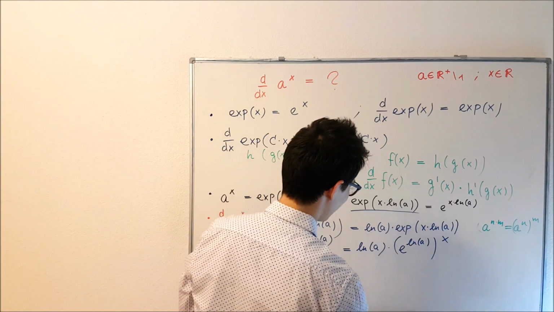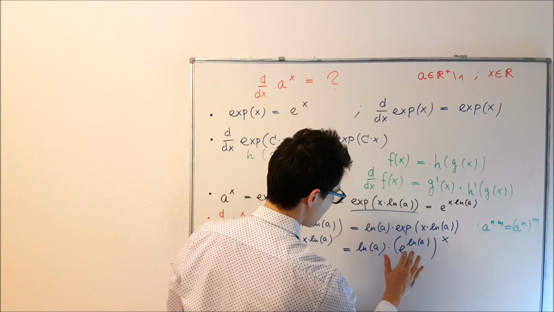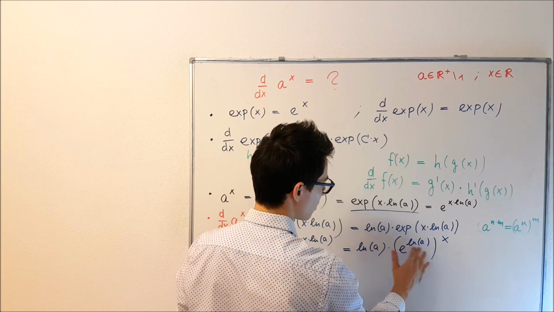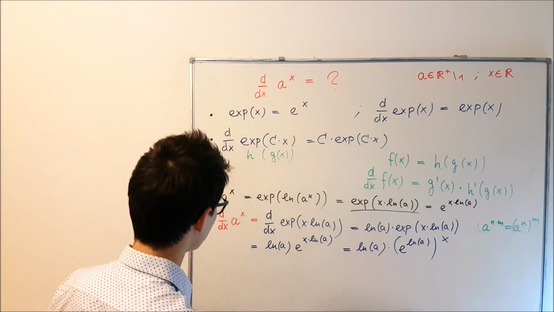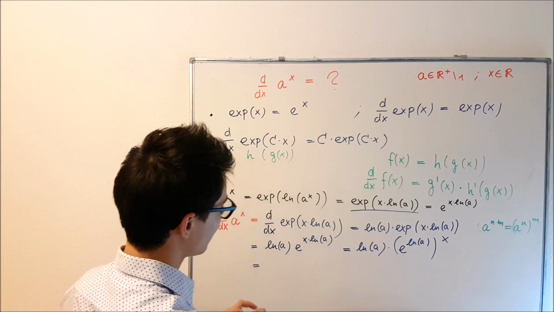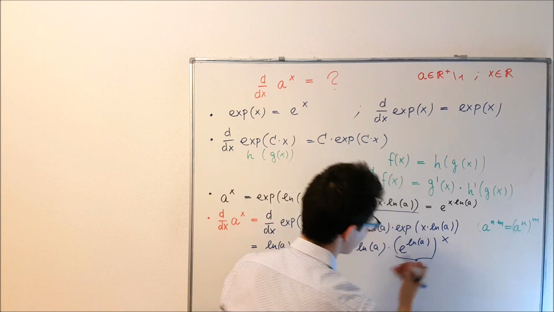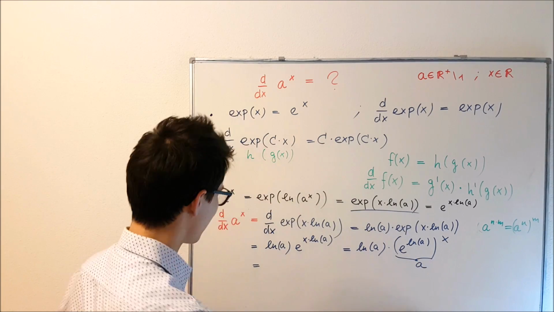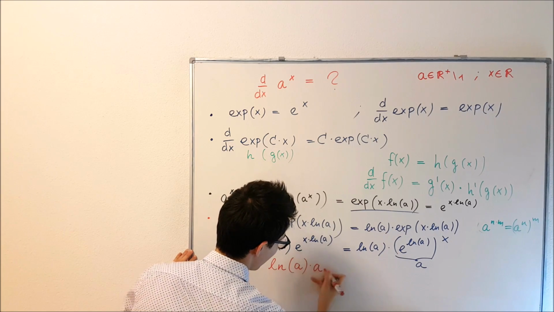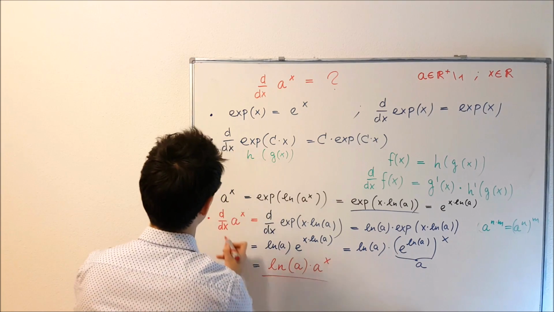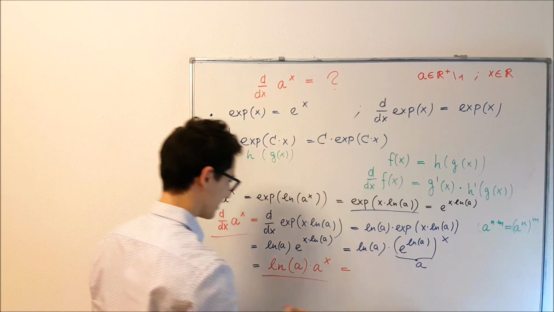Okay, and then we can again use that if you apply both the exponential function and the log to any variable, you will get back the variable. So what we get back is, and this is our final result, so here this would simply be a again, what we get is that this is equal to ln of a times a to the power x. And this here was our question mark up here.